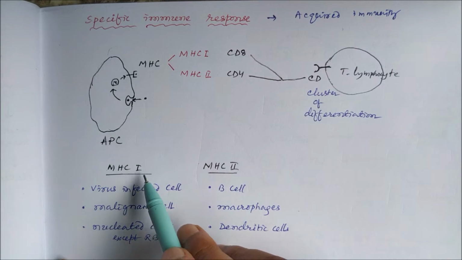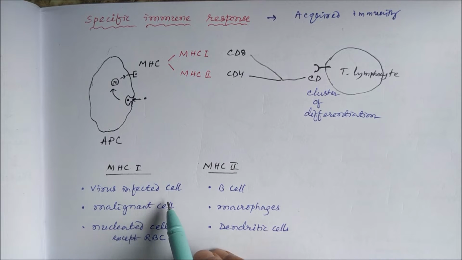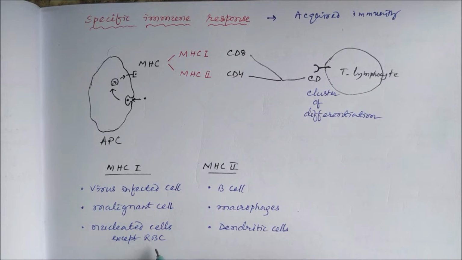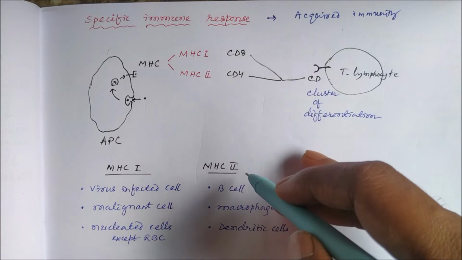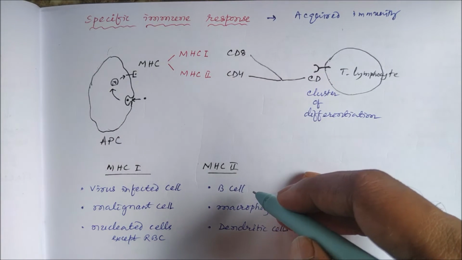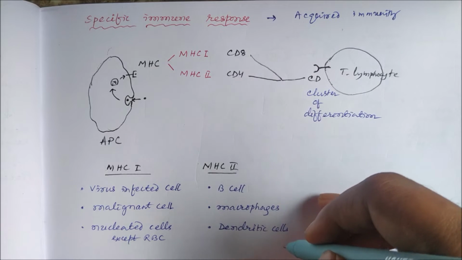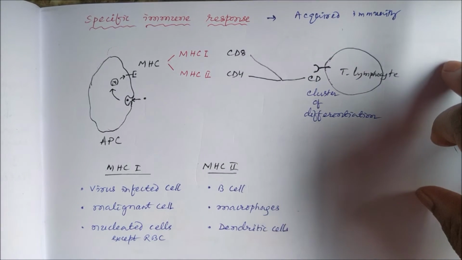So MHC1 is expressed in case of virus infected cells, malignant cells, all nucleated cells except RBC. Whereas MHC2 is expressed in case of B cells, B lymphocytes, macrophages, dendritic cells.